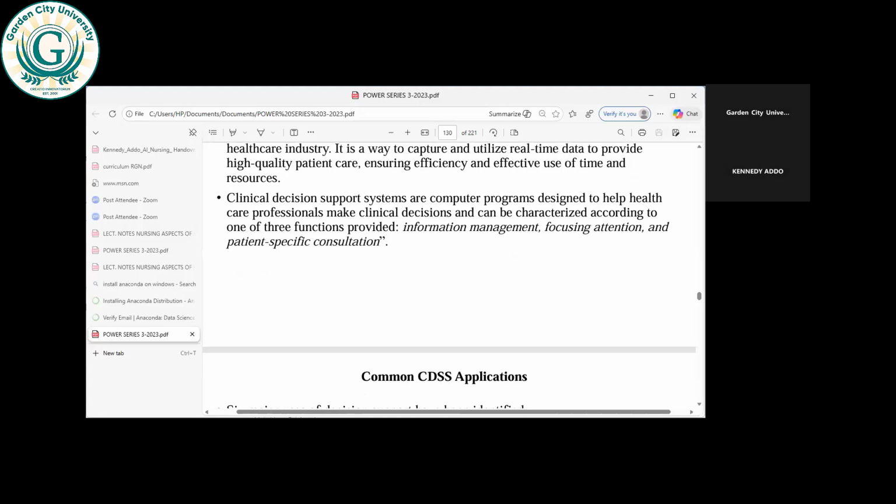Then focusing attention, we also want to ensure that we have the needed available information to support care providers at any given time in making decisions. And then the patient-specific consultation, all attention should be given to our patient, right? So whenever we are designing such systems, we take into consideration patient characteristics. Okay.